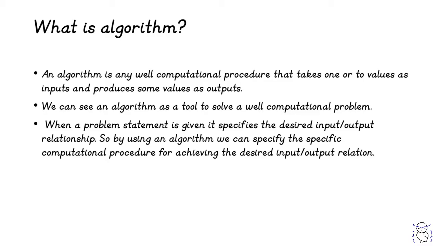We can see any algorithm as a tool to solve a well-defined computational problem. When a problem statement is given, it specifies the desired input or output relationship. So, by using an algorithm, we can specify the specific computational procedure for achieving the desired input or output relation.